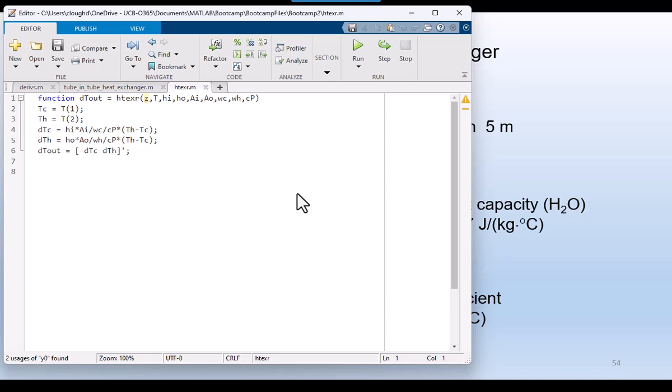And so this is fairly simple, but you'll notice it includes these additional parameters that we put in our anonymous function. We unpack T to get TC and TH, compute our derivatives, assemble them into an array, and transpose them so we get columns.